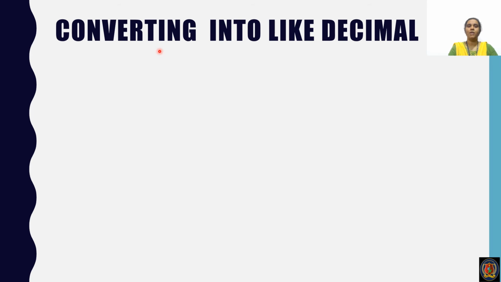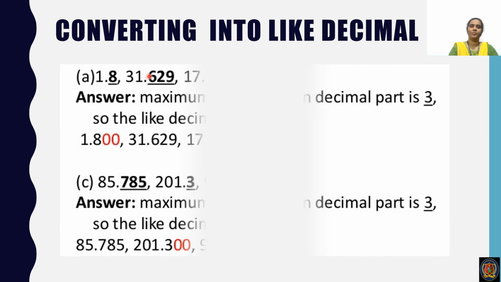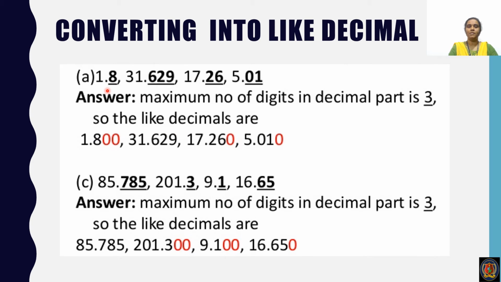Now let us see how to convert unlike decimals into like decimals. For example, take these numbers 1.8, 31.629, 17.26 and 5.01. Here you have numbers in which the decimal places are not the same.